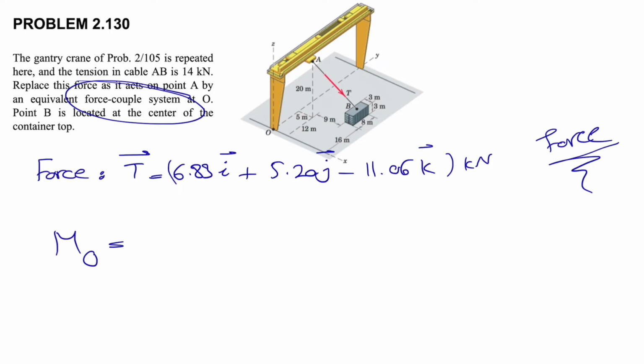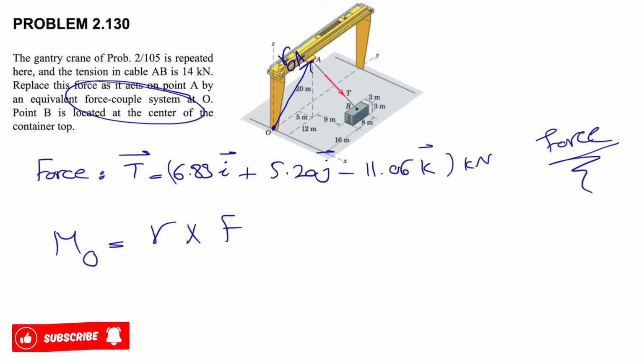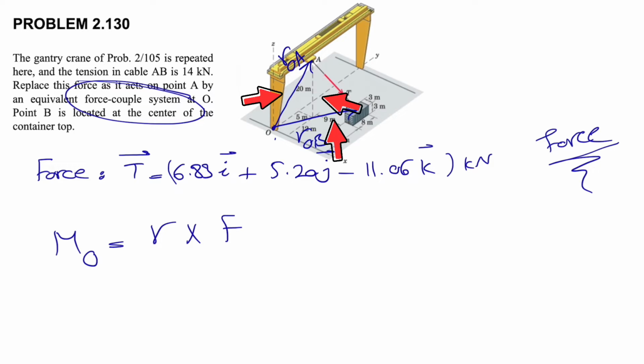And the second part is finding the couple in the force couple system, and for that we need to find the moment about point O, since we need to find the force couple system about O. So we need to find our distance vector. So at the end we'll have R cross F for the moment, and in here we have to find our distance vector or position vector R. So the question is, which one is our position vector?